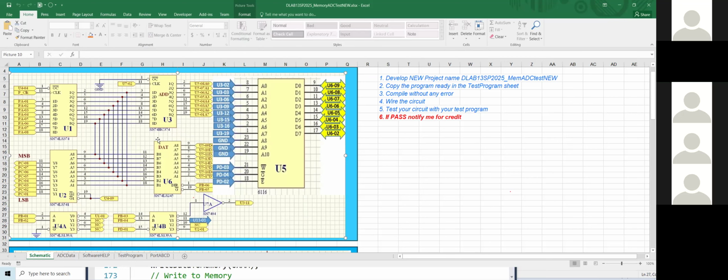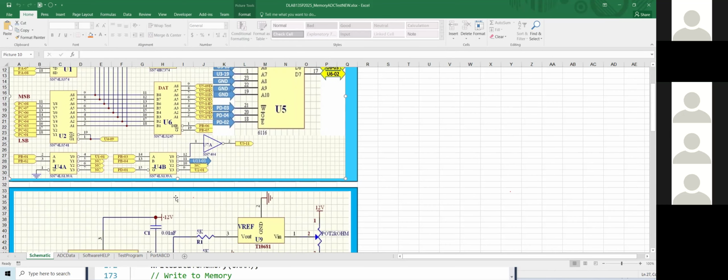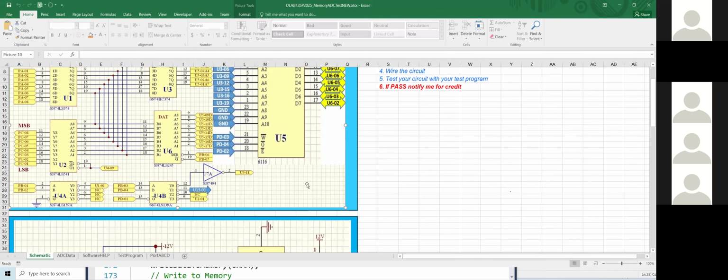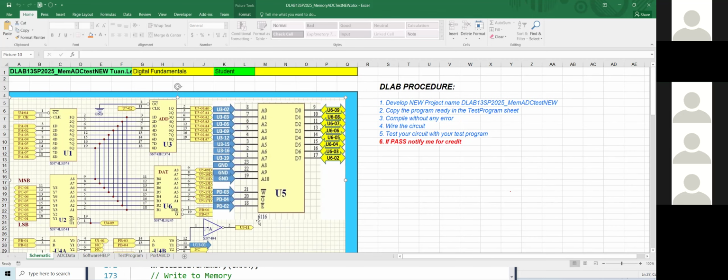So the way of testing memory for all of the programs will be the same. This is the memory.